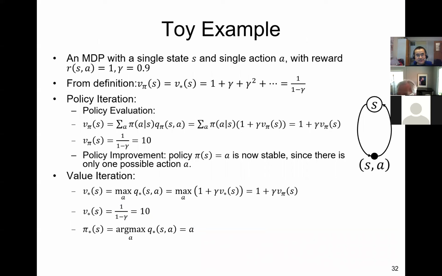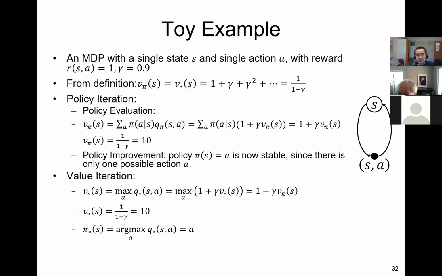So here's a toy example, an MDP with a single state S, a single action A, with reward 1 and gamma 0.9. By definition, you can get the value function from computing the return, simply the infinite sum of the rewards at every step.